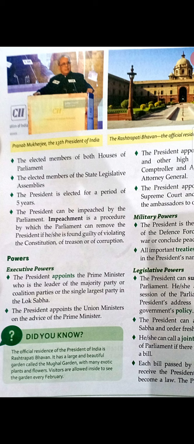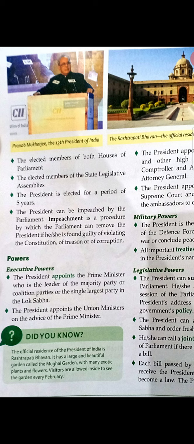If a big party has not so much vote, but some more parties give their support, then finally they become a majority party. That is a coalition party government, children. Or the single largest party in the Lok Sabha. So the President is the one who appoints the Prime Minister. This is the first executive power, a very important power, children.